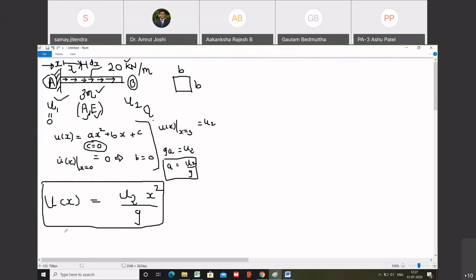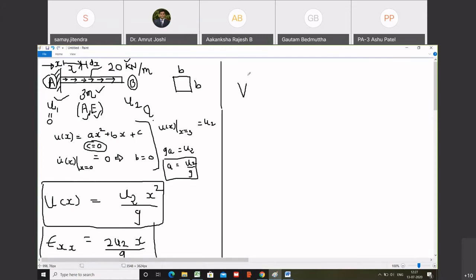What is the value of epsilon xx? Dou u by dou x. Agreed? Dou u by dou x means it is going to be 2 times u2 into x by 9. Right? So now let us find out potential energy due to 20 into dx, which is the force at distance x, under which there is a uniform deformation u2 into x square by 9.